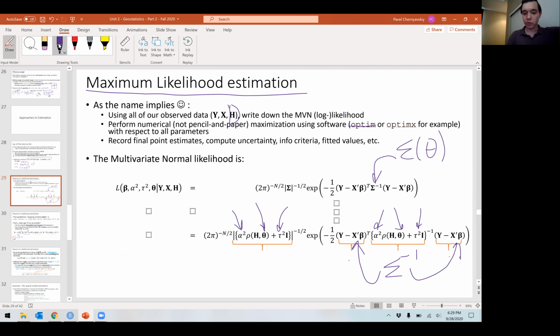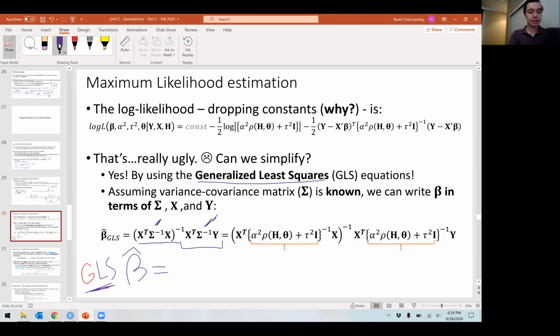And we only need to maximize the entire log likelihood over the parameters inside of our sigma. Once we find sigma, we simply use the GLS equation to find our betas. And those are basically linear combinations of data and known quantities and not standalone parameters.